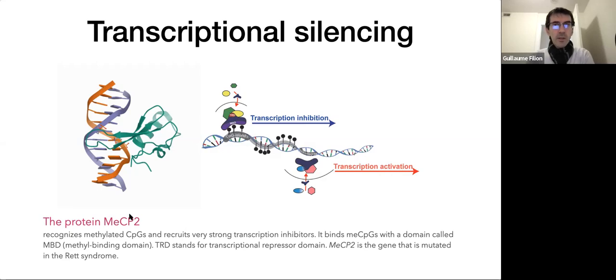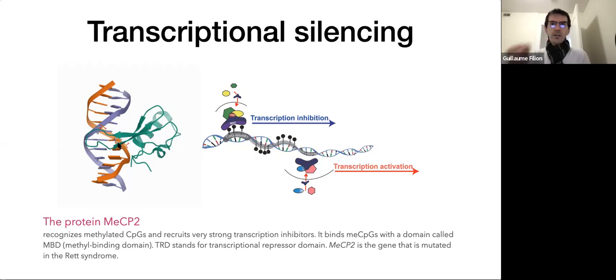Well, the protein MECP2 actually recognizes methylated CpGs and recruits very strong transcription inhibitors. So that's the MBD domain here of MECP2, that's DNA, as you recognize here. What's really hard to see on this picture is that there are two chemical groups here that are very difficult to see. They're in the back, and they are the methyl groups, and they're on the cytosines that are there.